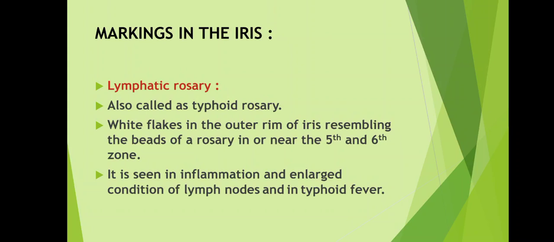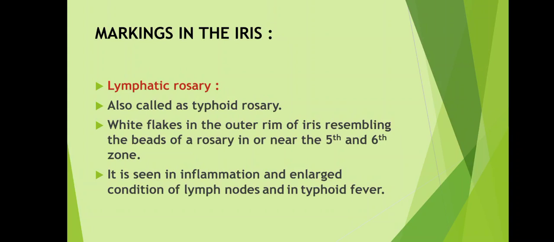Next are the markings in the iris. Several markings can be seen in the iris. First one is the lymphatic rosary. It is also called the typhoid rosary. It looks like white flakes in the outer rim of the iris, resembling the beads of a rosary, in or near the fifth and sixth zone.